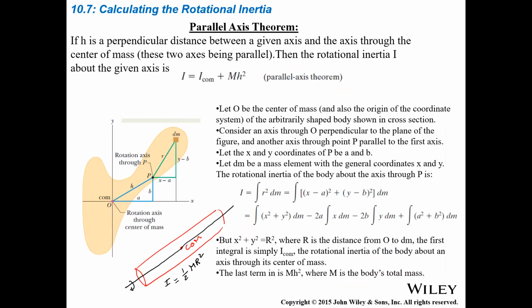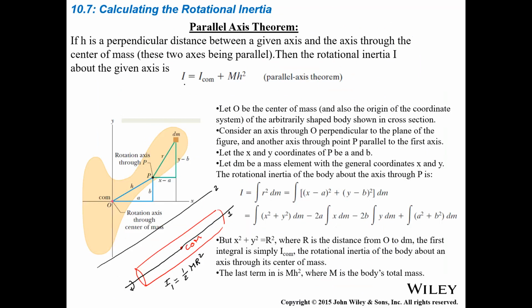Now, the parallel axis theorem tells me if the rod is rotating now around a different axis, but this axis is parallel and at a distance d from the axis passing through the center of mass. So let's say I have an axis 2, this is axis 1, this is I1.